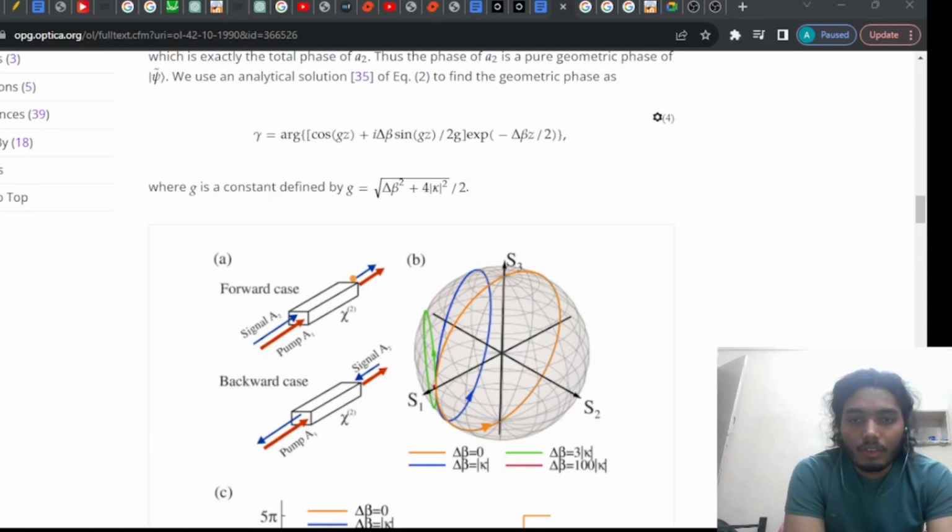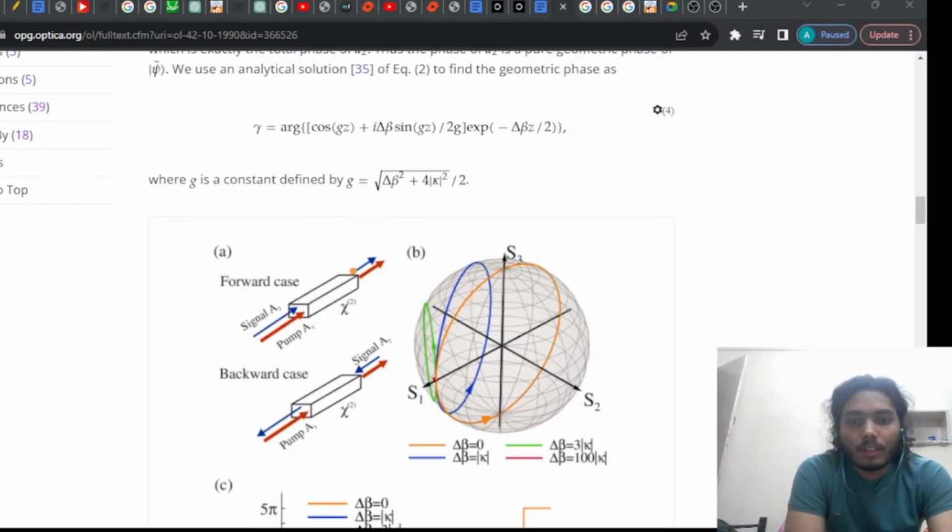So if somehow we have created in the forward case that delta beta is close to zero or equals zero, that is phase matching, and now we consider the backward case, where we have the same pump in the same direction, but now we reverse the direction of the signal.